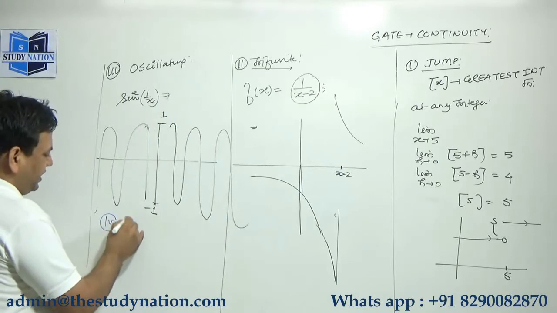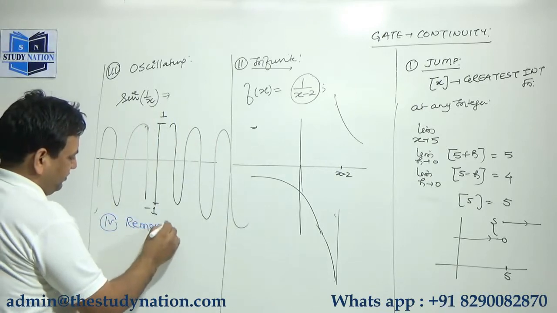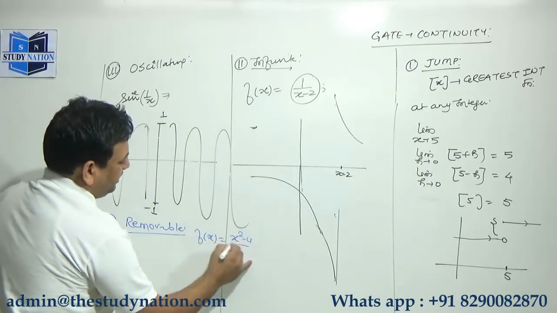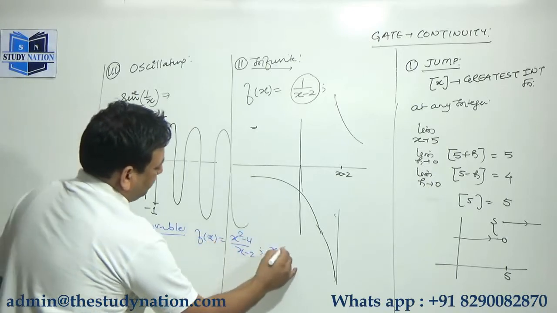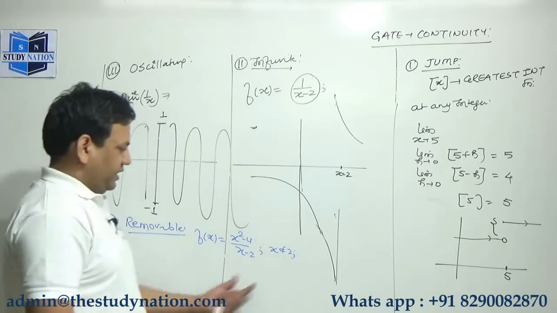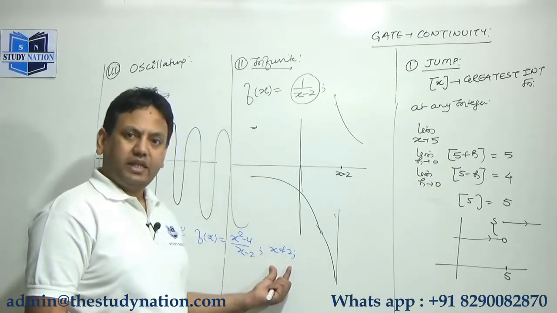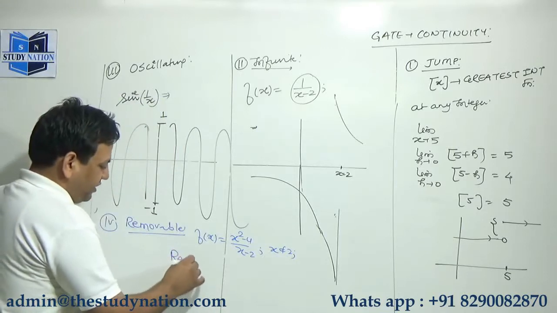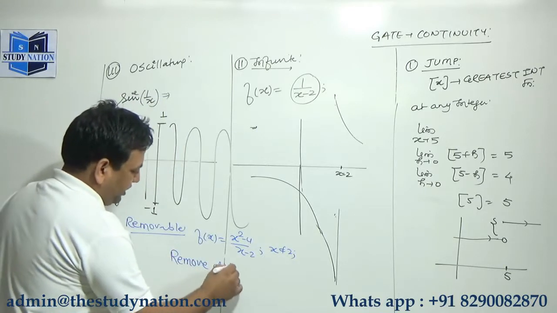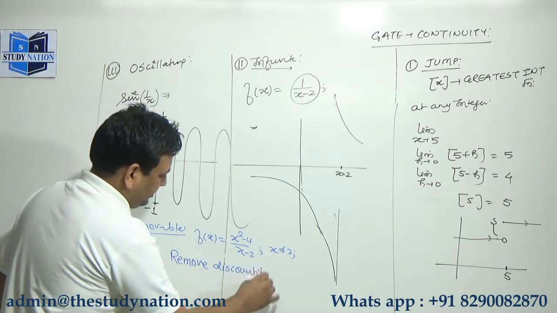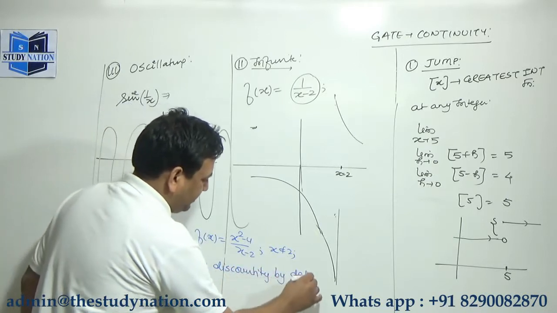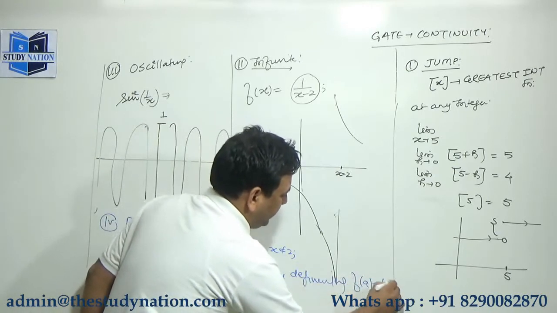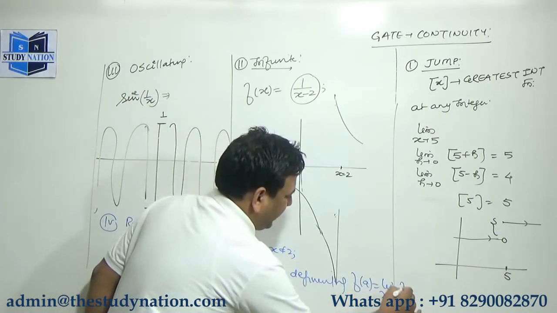And the important one is the removable. Removable means suppose it is written as f(x) is equal to (x square minus 4)/(x minus 2), x is not equal to 2. Now the function is not defined at x is equal to 2, but the limit is defined. So what we can say, we can remove the discontinuity by defining f(a) is equal to limit x goes to a of f(x).